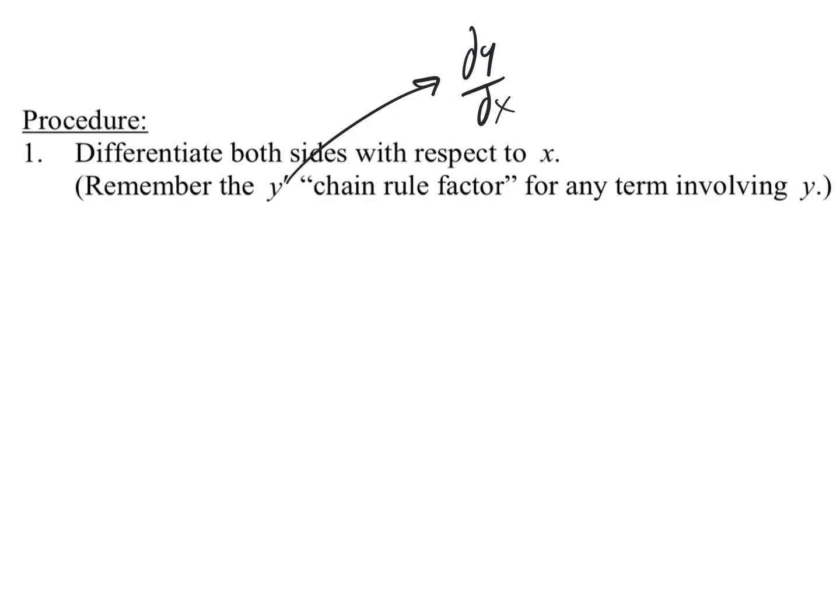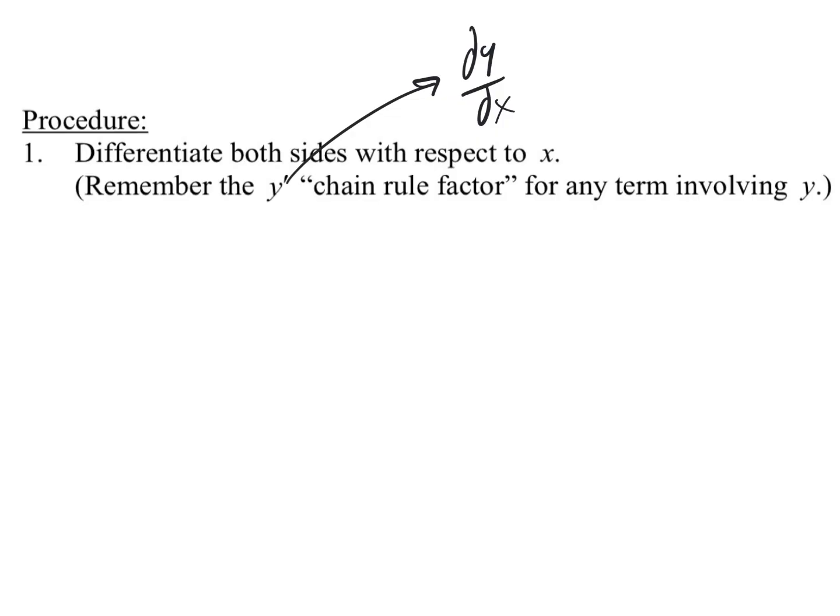But essentially what you're going to do is you're going to differentiate all the terms. The ones that already have just x's in them, you differentiate like normal. The ones that have just y's in them, you differentiate like normal, and you have to tack on dy dx because that's the chain rule piece.